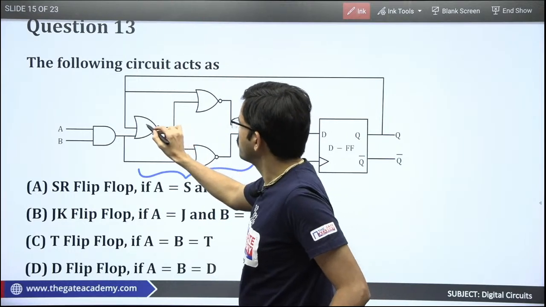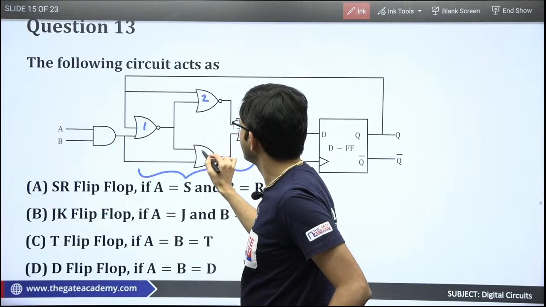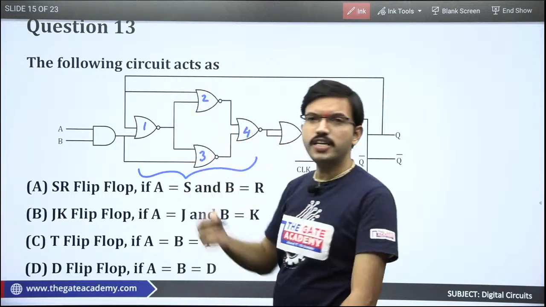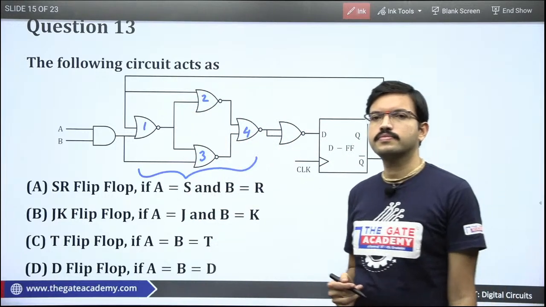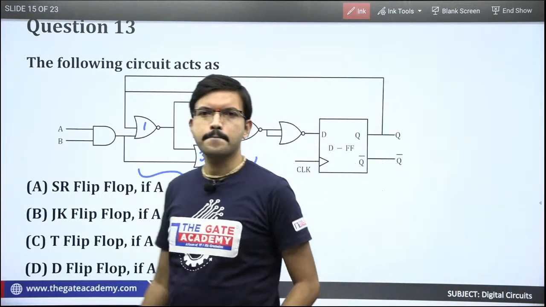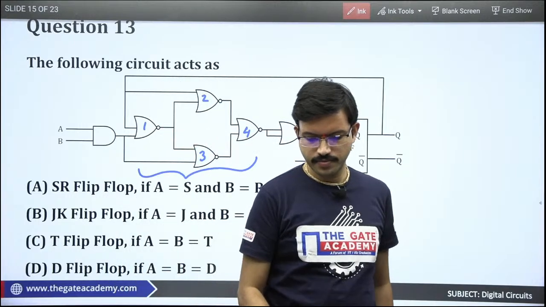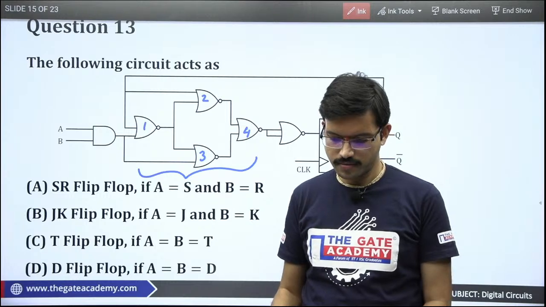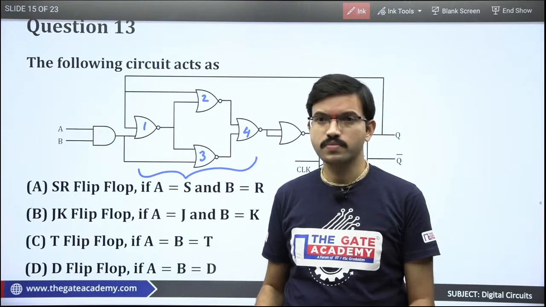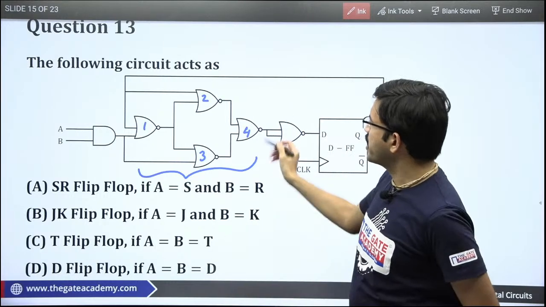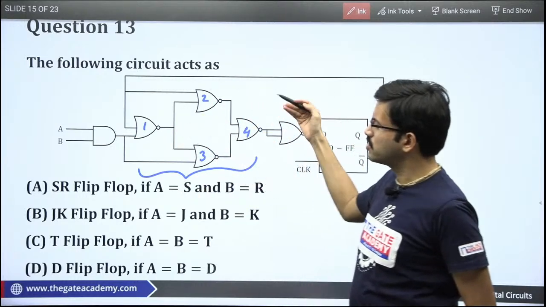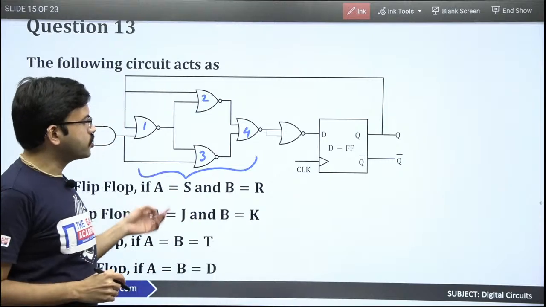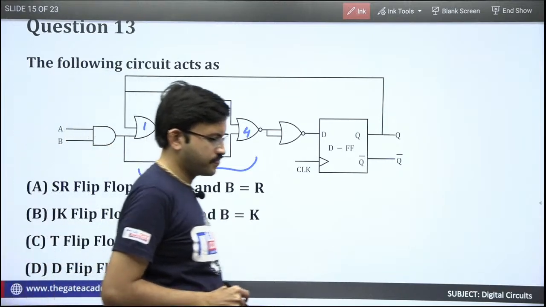Here you are having 4 NOR gates. What is this particular circuit? Can you identify? If you are able to identify this circuit, this question is nothing. You can solve this question without using pen and paper.